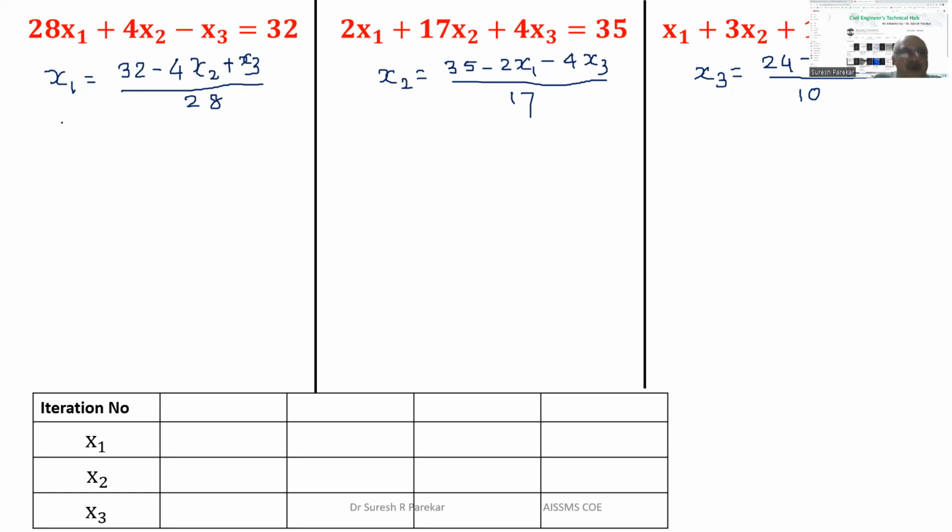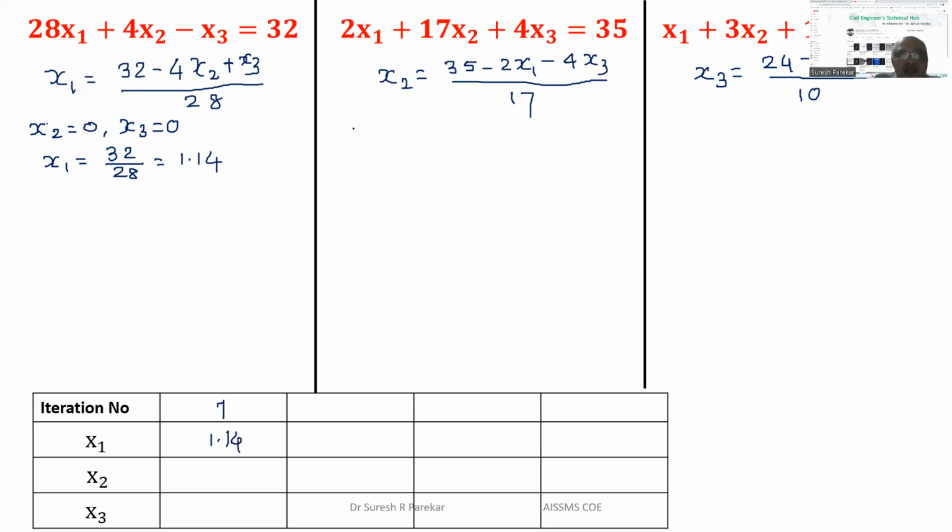Now in the first iteration, we have x2 equal to 0, x3 equal to 0. Initially we are with the same, therefore x1 is equal to 32 upon 28, which is 1.14. So the first iteration value is 1.14.